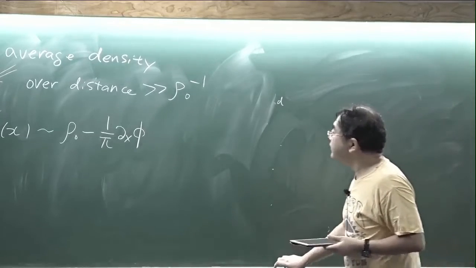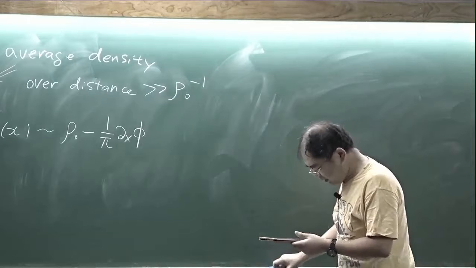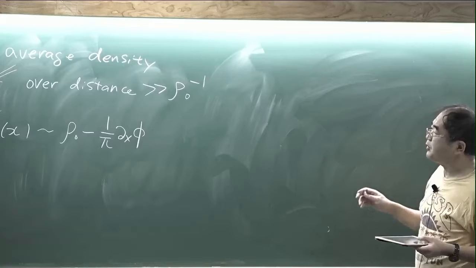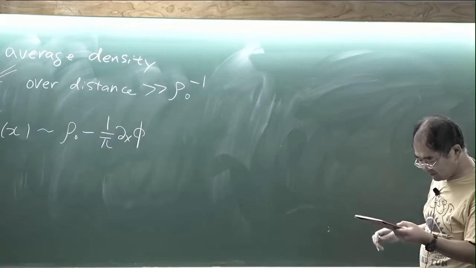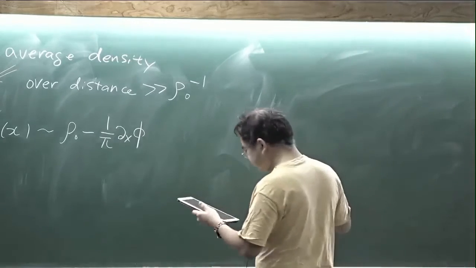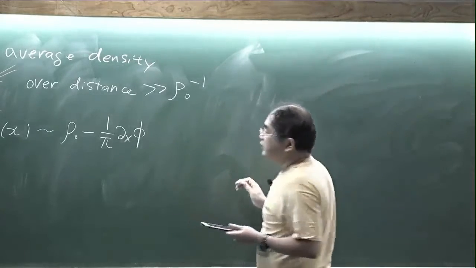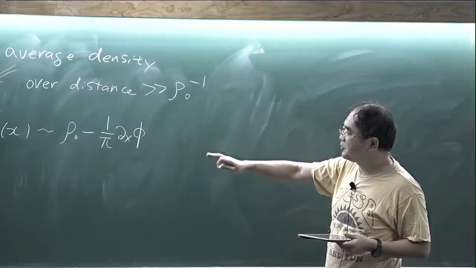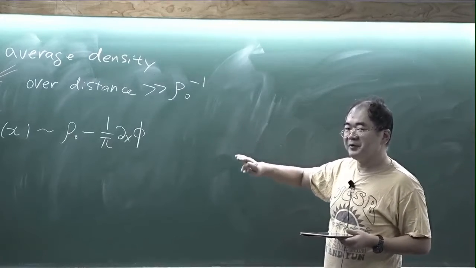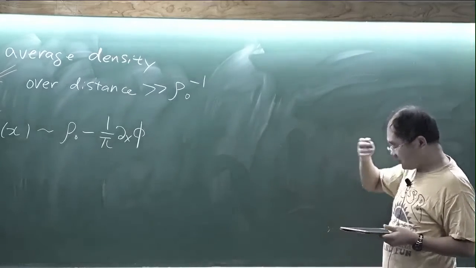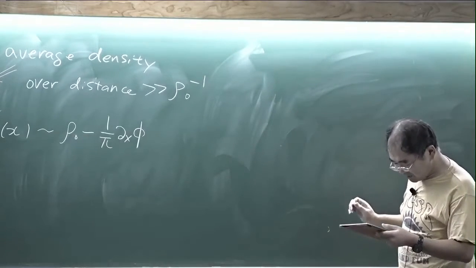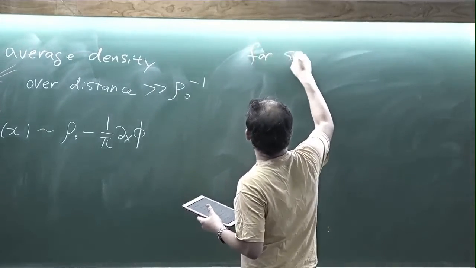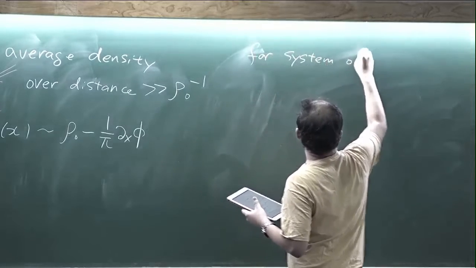So now we have this expression. Then I want to obtain the expression for the creation and annihilation operator of the particle. So far this discussion applies equally well for bosons or fermions, but for later convenience, let me consider a system of bosons.